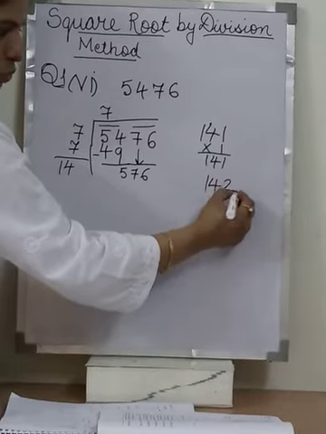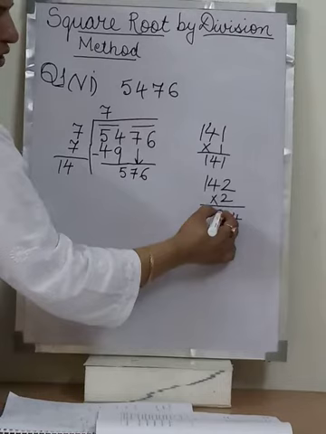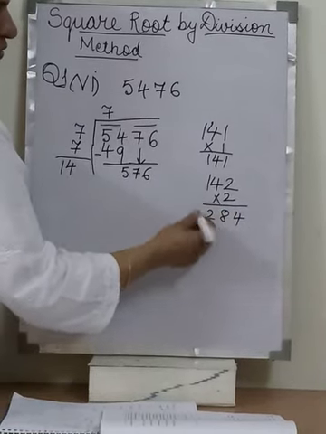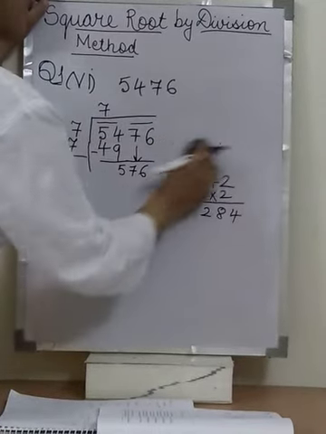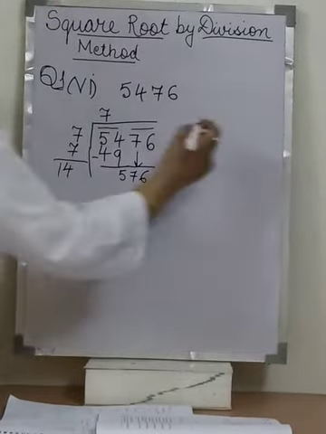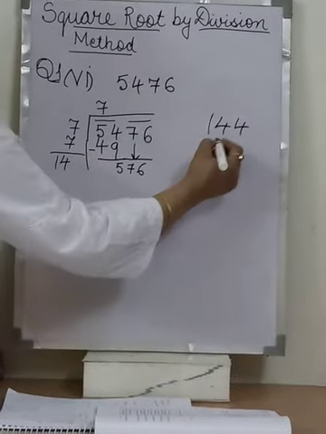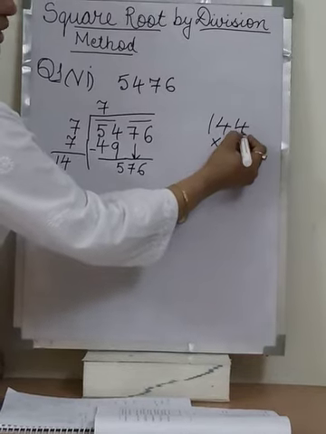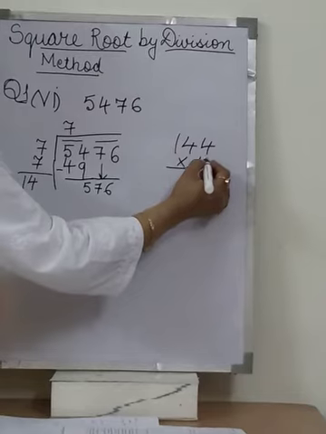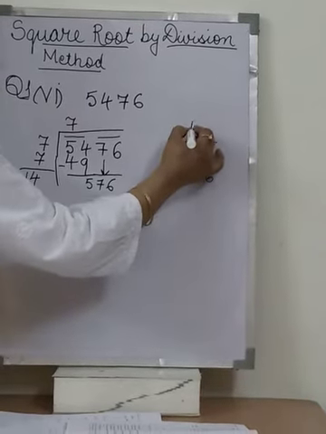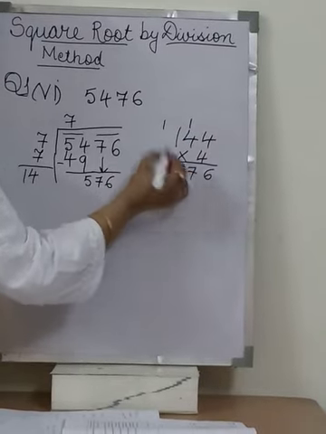Now I place 2 and multiply it again with 2. 2 2s are 4, 4 2s are 8 and 2 1s are 2, which is again very far away from 576. Now let's check with 4. So I place 4 in front of 14, and whichever number we place here, we multiply it with the same number. I will multiply it with 4. 4 4s are 16, 4 4s are 16 and 1 is 17, 4 1s are 4 and 1 is 5, 76.